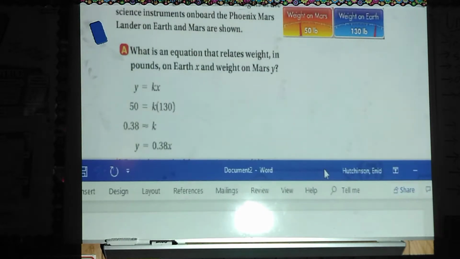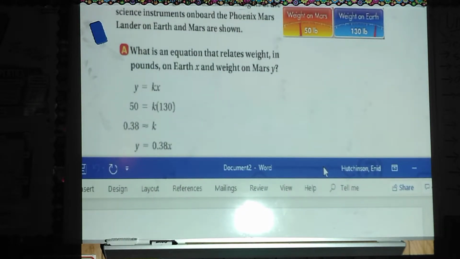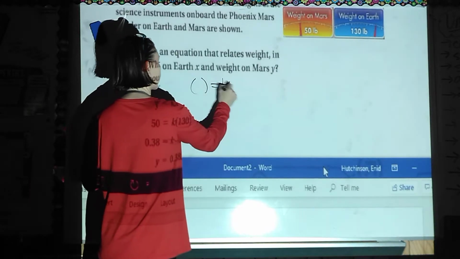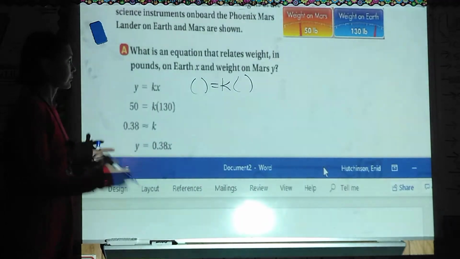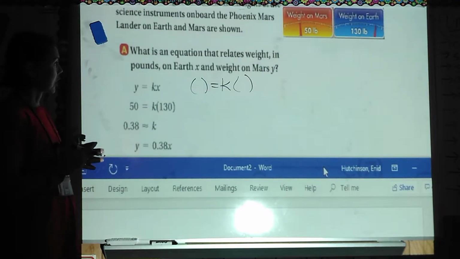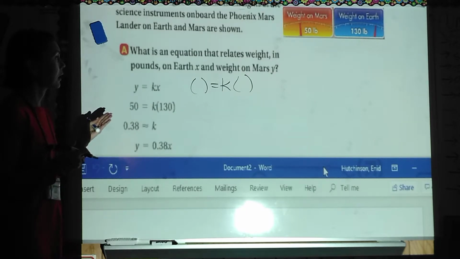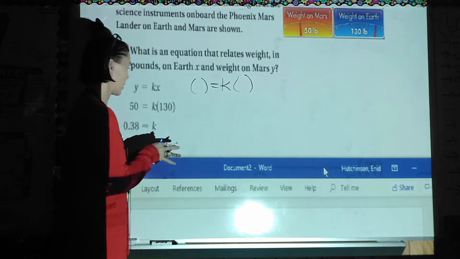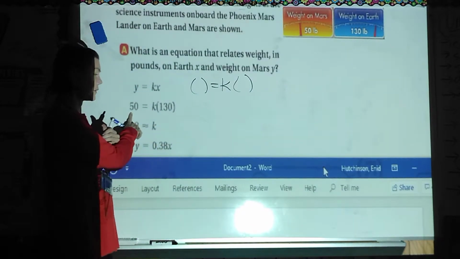y equals kx. Rewriting it with the numbers, we said that y was Mars, so that's 50. Right here, 50.